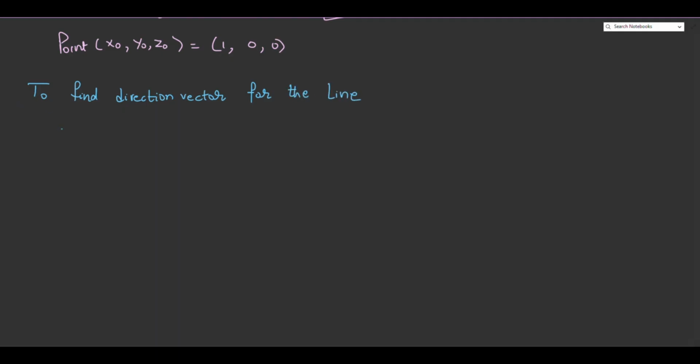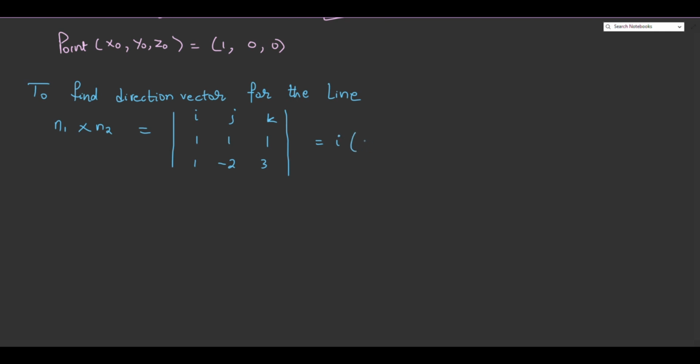we will find the cross product of these two vectors n1 and n2. In the first row, we will write i, j, k, in the second row the components of the vector n1, and in the third row the components of the vector n2, 1, minus 2, 3, and then we will expand this.